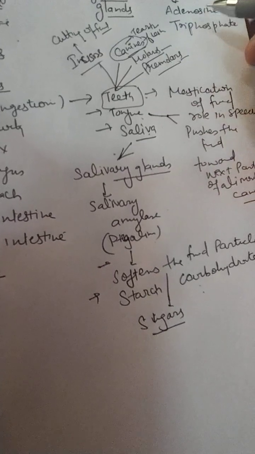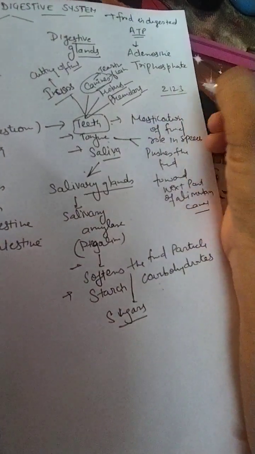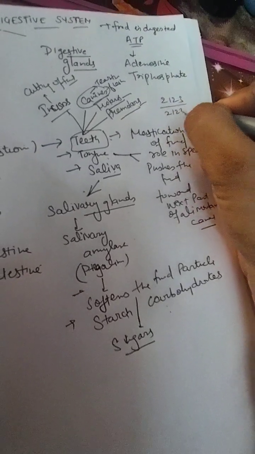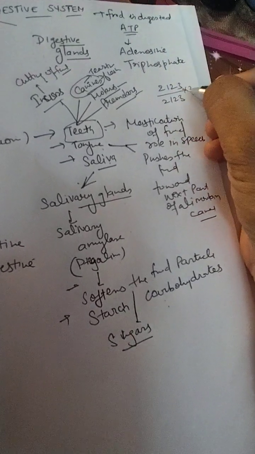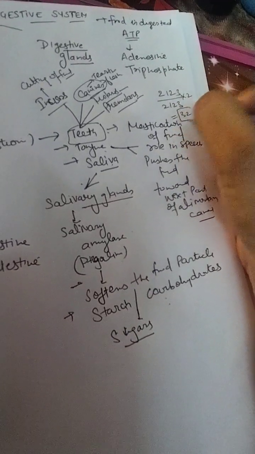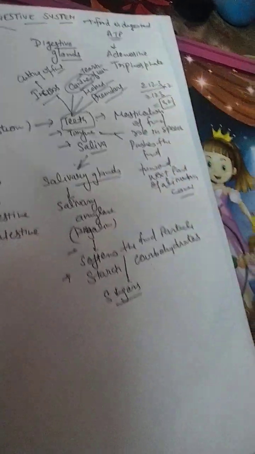Molars and premolars are the last teeth, and in general, the dental formula of human teeth is 2123 upon 2123 into 2, which is equal to 32. These are the 32 teeth present in adult human beings.